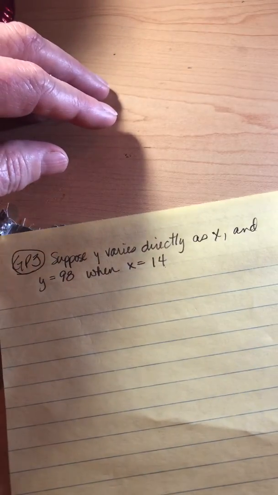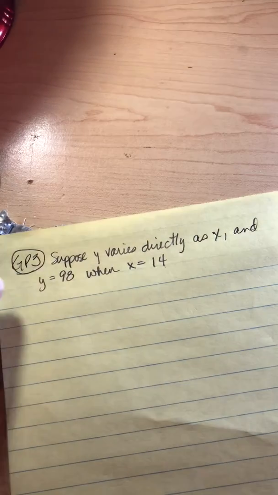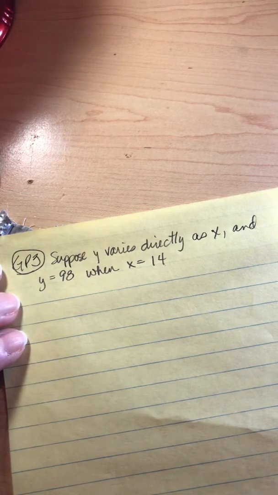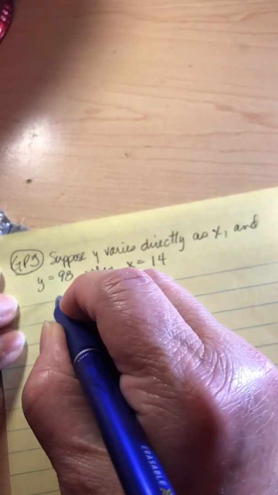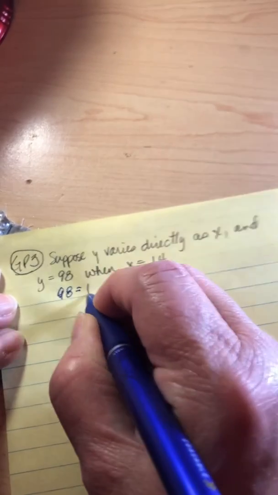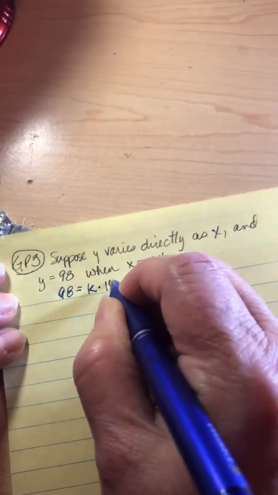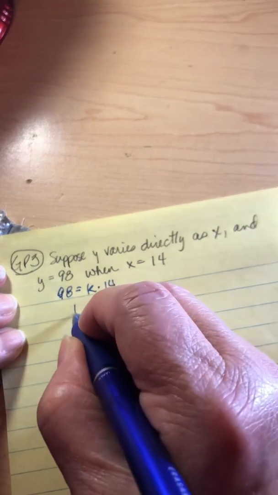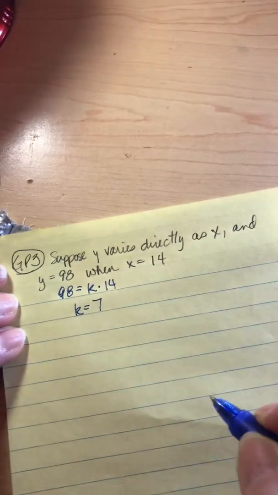All right, let's do the guided practice. The guided practice says, suppose y varies directly as x and y equals 98 when x equals 14. So that means that 98 equals k times 14. And you could use your calculator and divide and find that k equals 7.